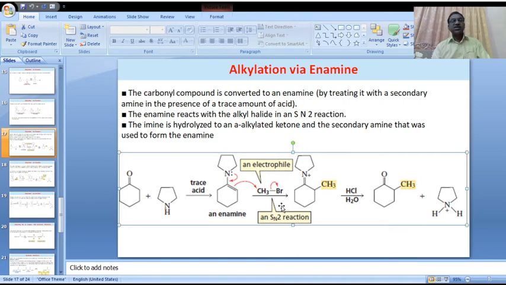The imine is hydrolyzed to an alpha alkylated ketone.